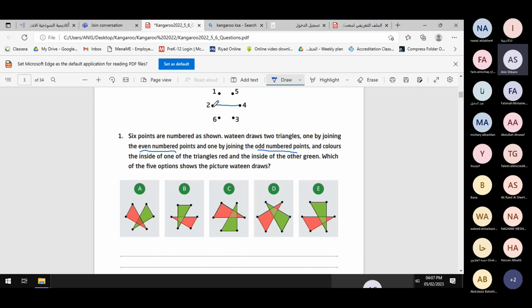2, 4, and 6 are even numbers. By the way, small revision: even numbers are numbers that are multiples of 2, or we can say we can divide them by 2. So 2 divided by 2 is equal to 1, so we can divide it, and so on.